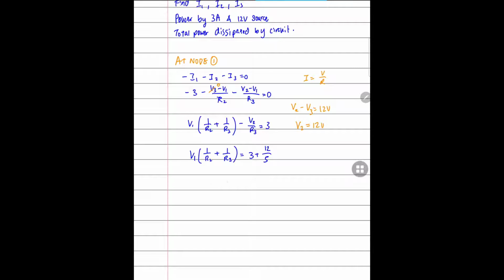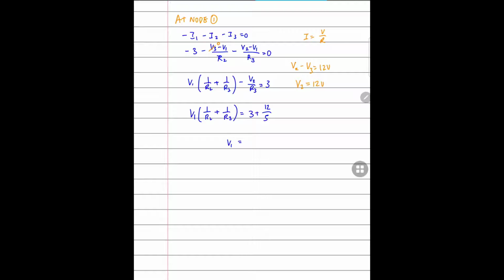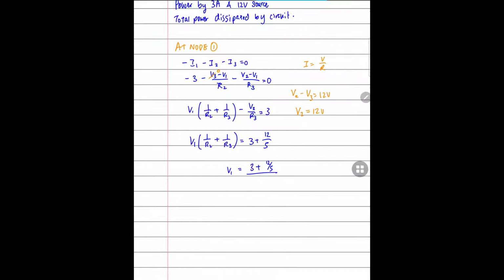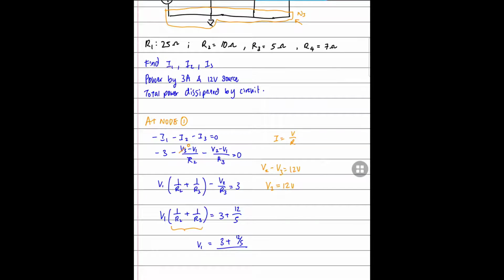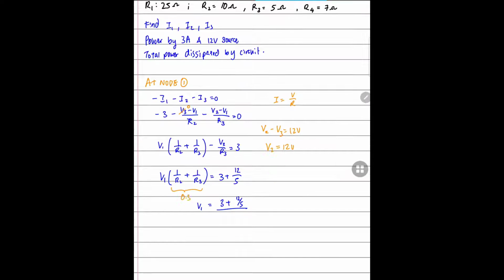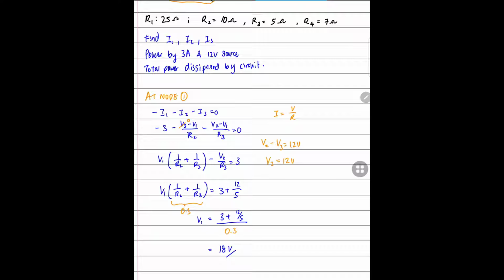V1 can be obtained by dividing 3 plus 12 over 5 by 1 over R2 plus 1 over R3, which we already have. Substituting the values, we divide by 0.3 and we get 18 volts.